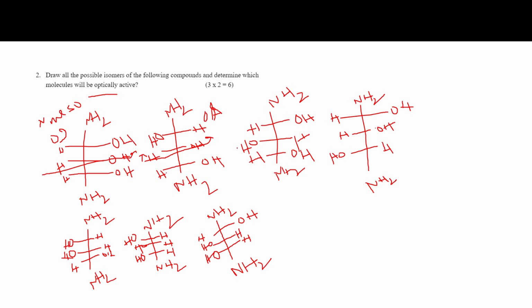Where the sigma plane does not pass, like this; this also has a sigma plane, so this is also a meso compound. This one is not a meso compound, this one also is not a meso compound, this is a meso compound, so optically inactive.